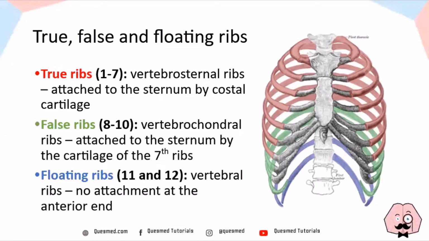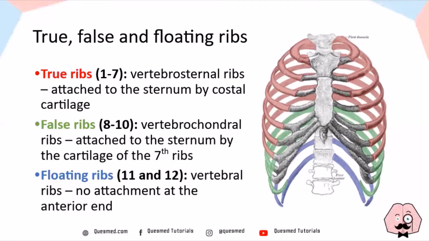So talking of true, false and floating ribs, the true ribs are considered ribs 1 to 7, and they're considered true because they have articulations with the sternum via costal cartilage. Ribs 8 to 10 are considered false ribs, and that's because they don't each have their own articulation with the sternum.